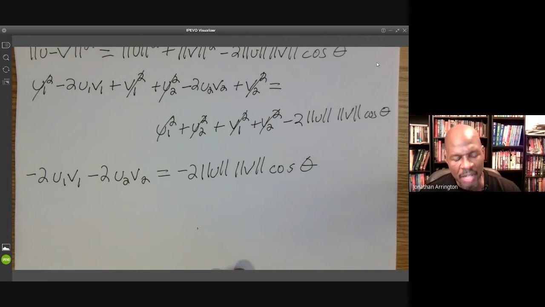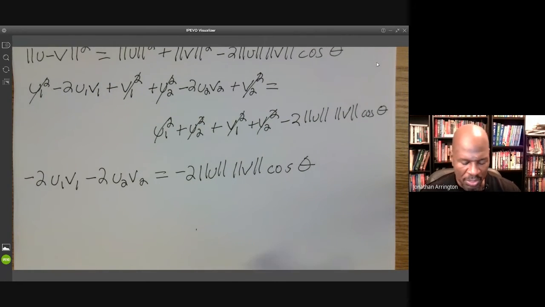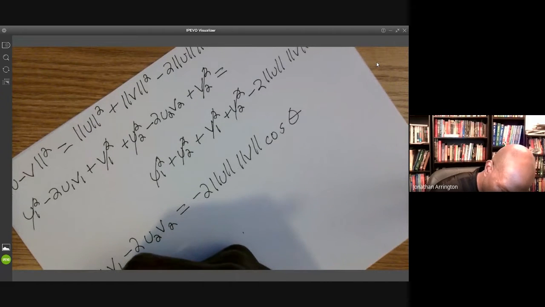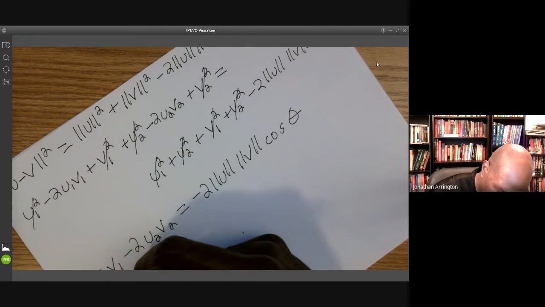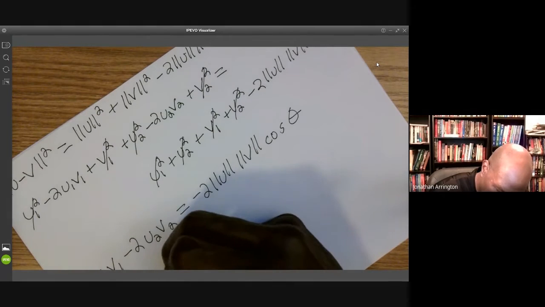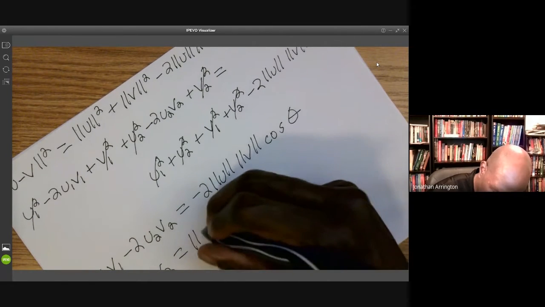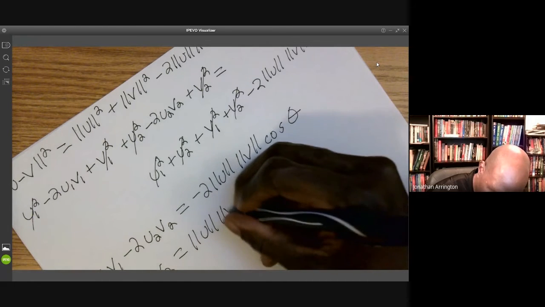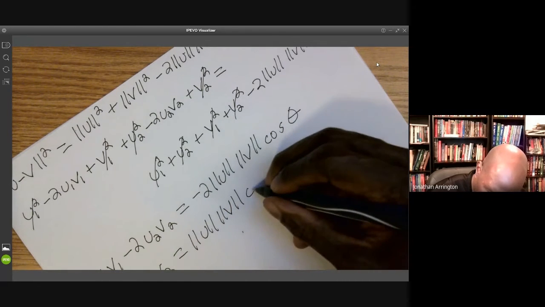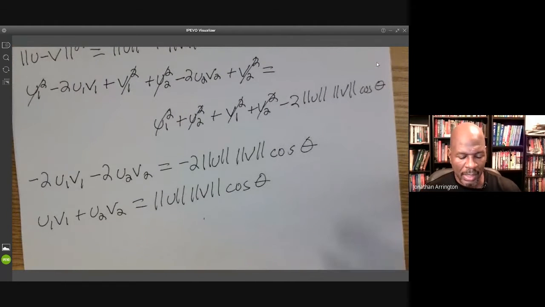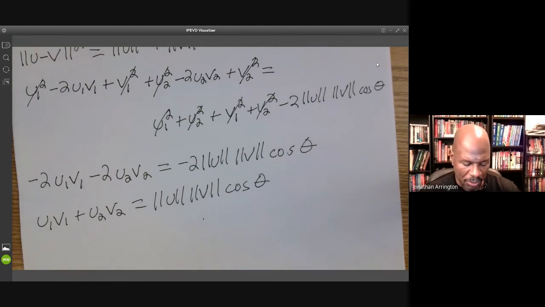And if you notice, every term has a negative 2 in front of it. So we're going to divide everything by negative 2. And that'll give us u1 v1 plus u2 v2, and that's going to equal magnitude u, magnitude v, cosine theta.